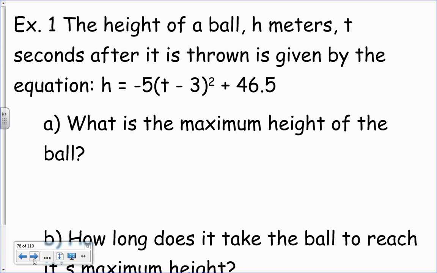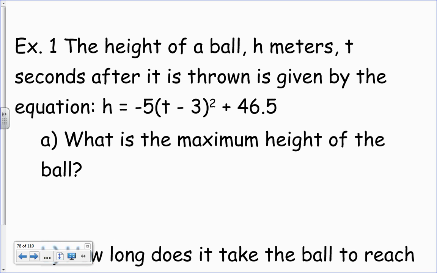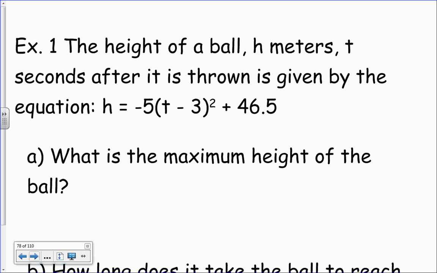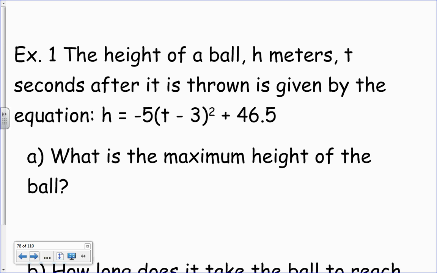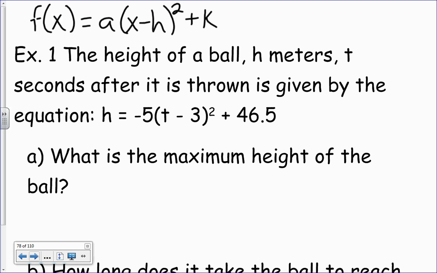All right, so before I start this, I want to actually move this down. I got a couple of things that I want to write down up here for you to write on your sheet of paper. First of all, I want you to write the vertex form equation. F of x equals a times x minus h squared plus k. So if you're given an equation in this form, all you got to do to find the maximum height, the point, is look for h and look for k.